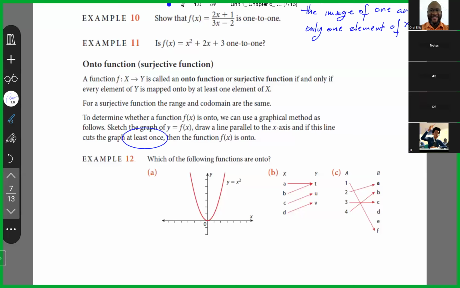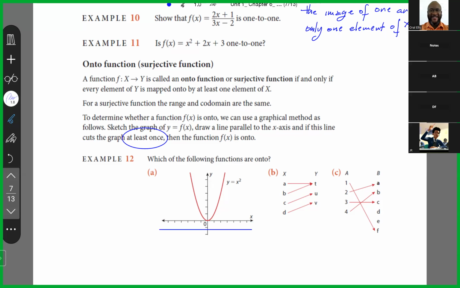All right, so let's have a look at example 12, where I ask which of the following functions are onto. Well, let's have a look at A. First of all, for A, if I draw a horizontal line parallel to the x-axis, below the x-axis, you will notice that it doesn't cut the graph at all.